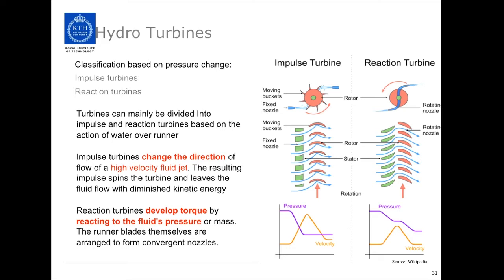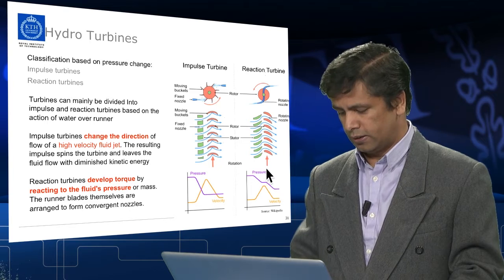While in the reaction turbine, the turbines develop torque by reacting with the fluid pressure and mass, and the runner blades themselves are arranged to form convergent nozzles. You can see those changes in this diagram, the pressure and velocity relations.